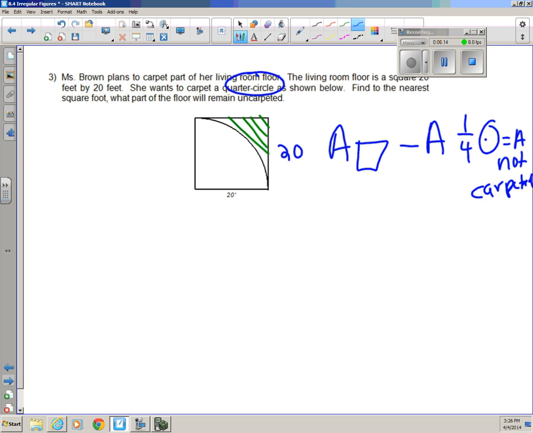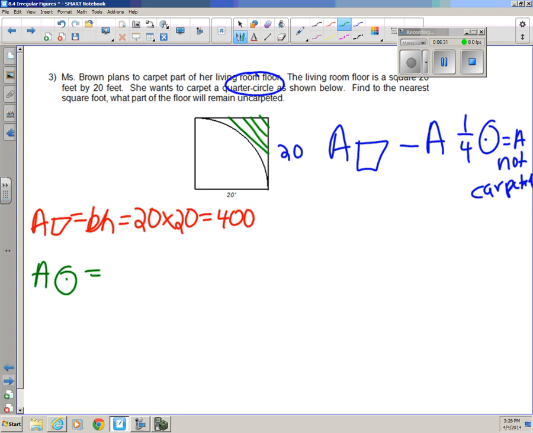Okay, so let's break this down to a couple pieces. Well, the area of a square is base times height, which is 20 times 20, which is 400. The area of a quarter circle becomes pi r squared divided by 4.